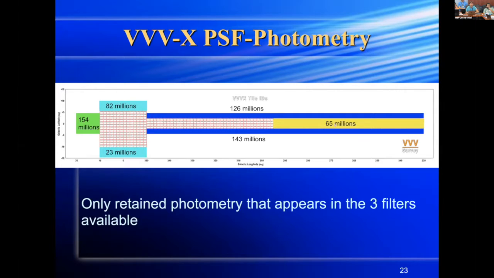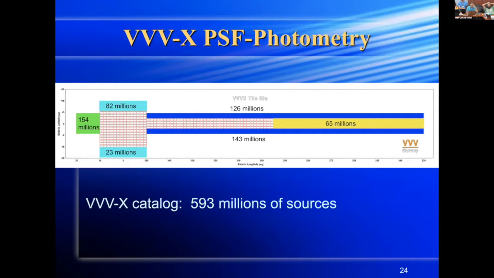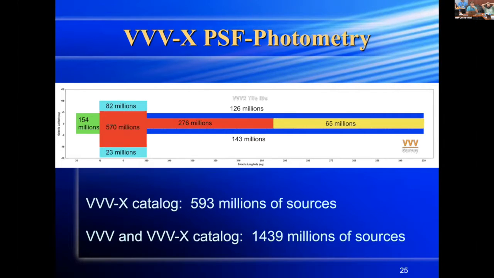And these are the numbers that I was obtaining for the sources. So in the end, if you add this up, you almost get 600 million more sources. So now if you have the VVV plus the whole VVV-X survey, you are getting close to 1.5 billion sources that we are able to find there.